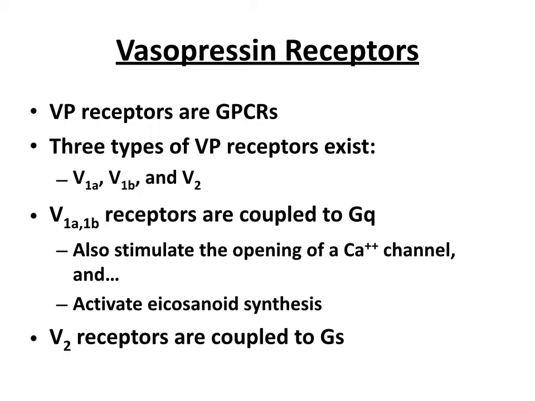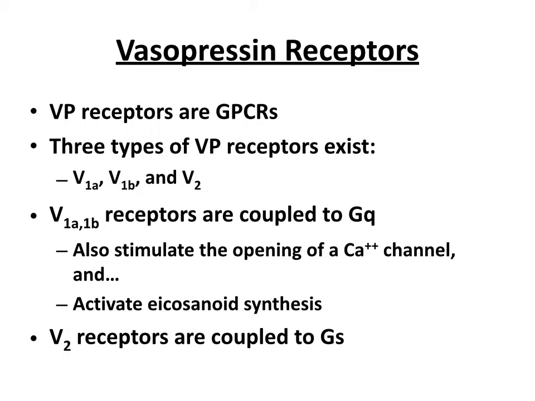V1A and V1B receptors are typically coupled to Gq, although there's a little bit of promiscuity in some tissues. They stimulate the opening of the calcium channel, and they can also activate eicosanoid synthesis, such as prostaglandins that are involved in inflammation.